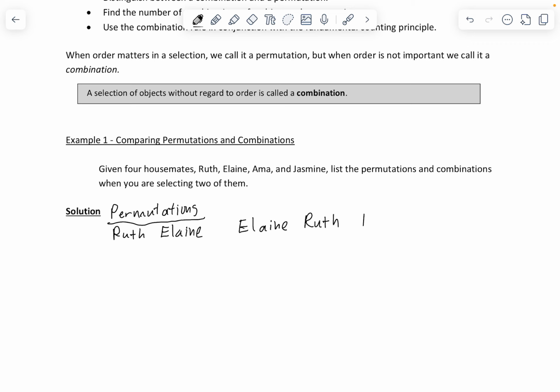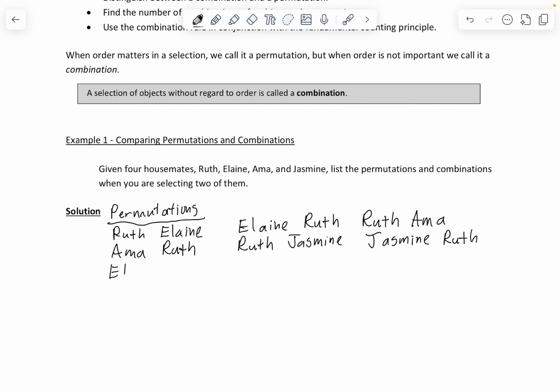I could select Ruth first, followed by Emma. I could select Emma first, followed by Ruth. I could select Ruth first, followed by Jasmine. I could select Jasmine first, followed by Ruth. And let's see, what else? We could do Elaine first, followed by Emma.